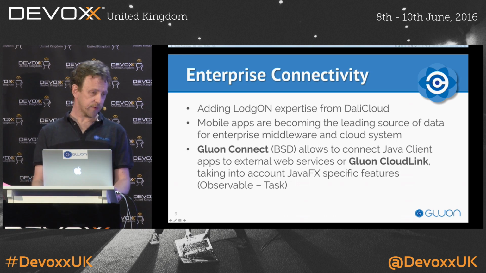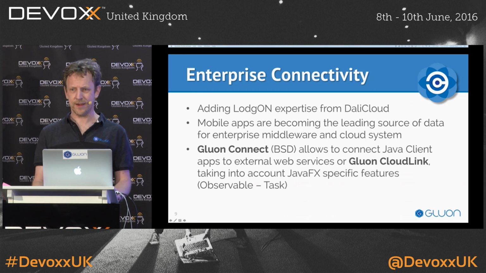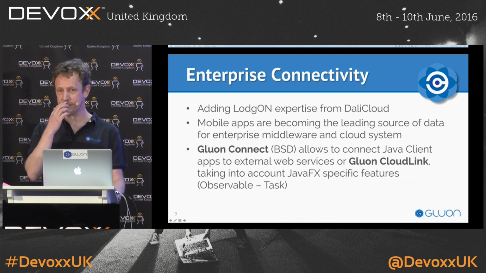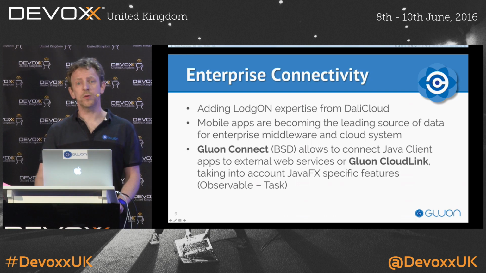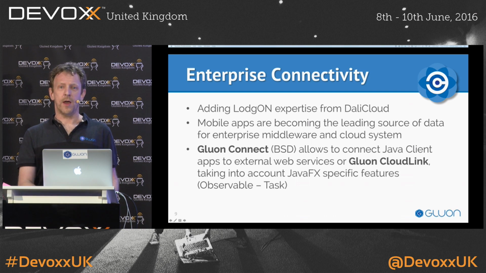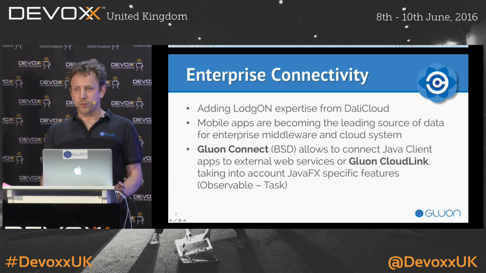Devices are getting more powerful, getting more memory, but an enterprise application still requires much more resources and makes assumptions like backup, always-on connectivity, storage, and so on. So what Gluon Connect does, besides connecting to the backend systems, is integrating it into the JavaFX world.